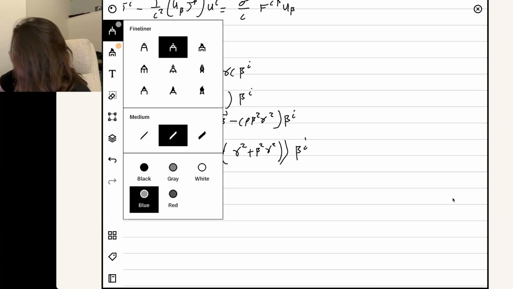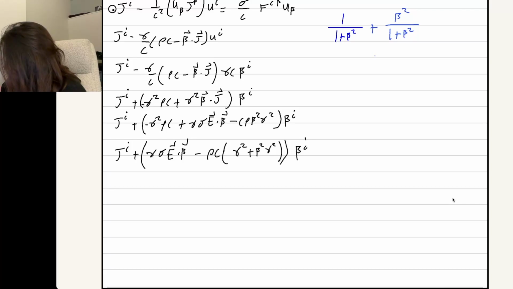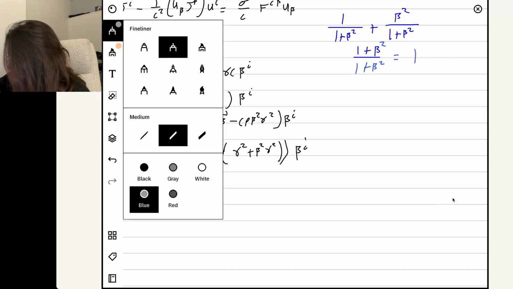So we got 1 over 1 plus beta squared plus beta squared over 1 plus beta squared. So we truly just have 1 plus beta squared over 1 plus beta squared. So it's 1. That's so cool.